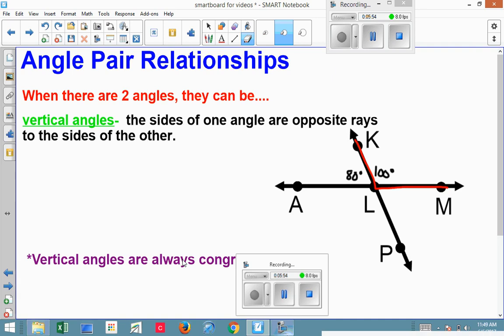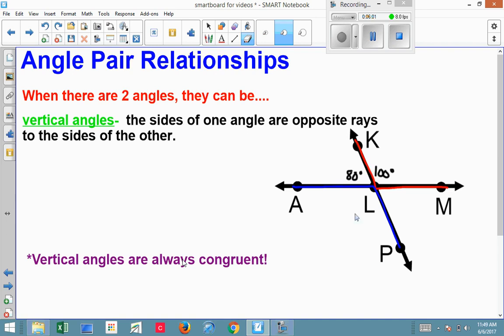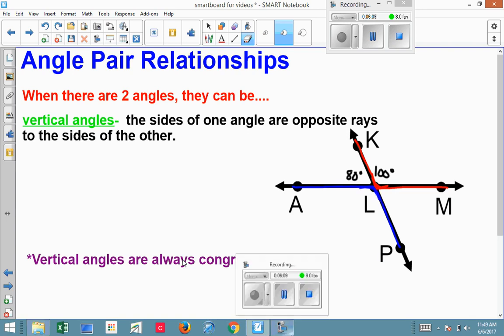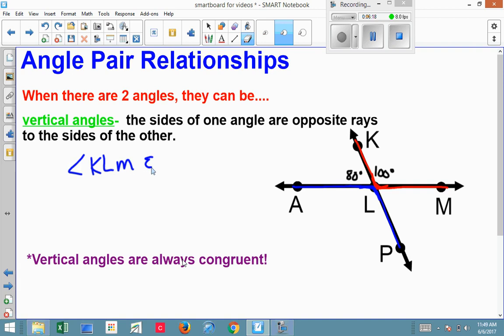I like to think of them separately, they make V's, V for vertical. Here's another V upside down, of course. But together, the two V's form an X. And those two angles, angle KLM and angle PLA, they are what we call vertical angles.